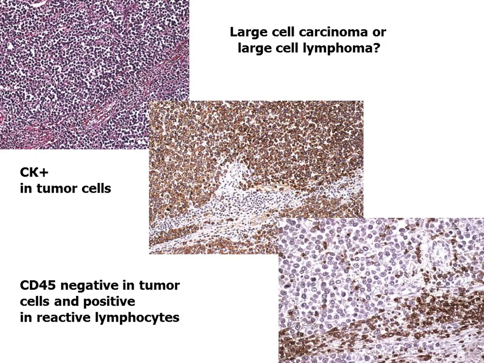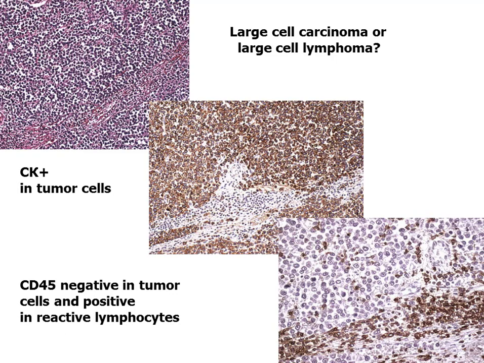These slides show us the differential diagnosis between large cell carcinoma and large cell lymphoma. Large cell lymphoma and large cell carcinoma have the same histological picture. It is composed of blue cells with a very big nucleus and a small amount of cytoplasm, a thin rim localized around this nucleus.